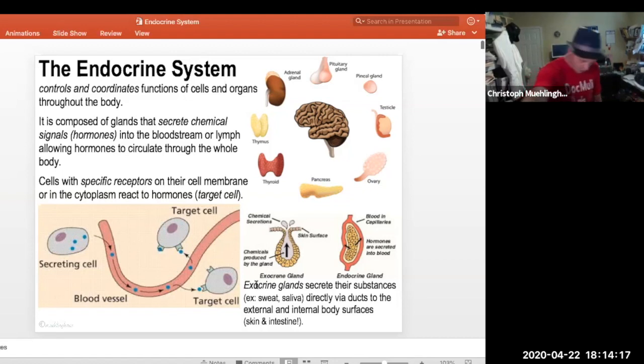From the mouth down to the butt, all that food tube is like the outside, the way we look at it. So digestive enzymes are actually exocrine glands. The pancreas both makes insulin and glucagon, which is an endocrine function, and also digestive enzymes for all the different food groups to make sure the food gets broken down properly so it can be taken into the body.